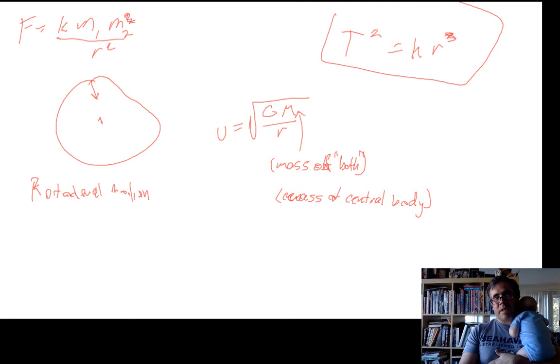Oh, that makes sense, yeah. Since if you know the radius, the period is going to be the time it takes to make one full rotation. So it's going to be the distance divided by the speed, so it's going to be 2 pi r over v.